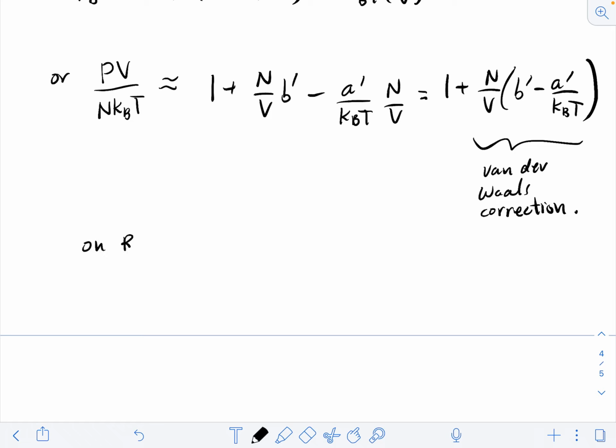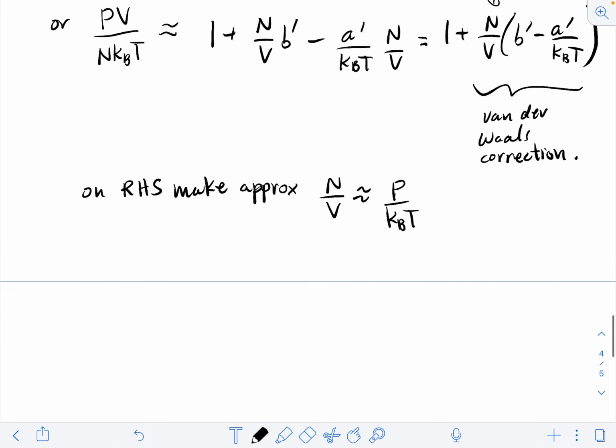Okay, so on the right-hand side, we're going to make the approximation that the n over V factor multiplying the b' minus a' term, we can use the ideal gas approximation for that factor.